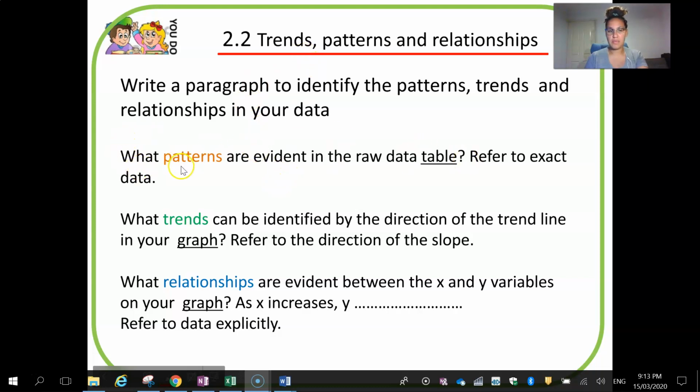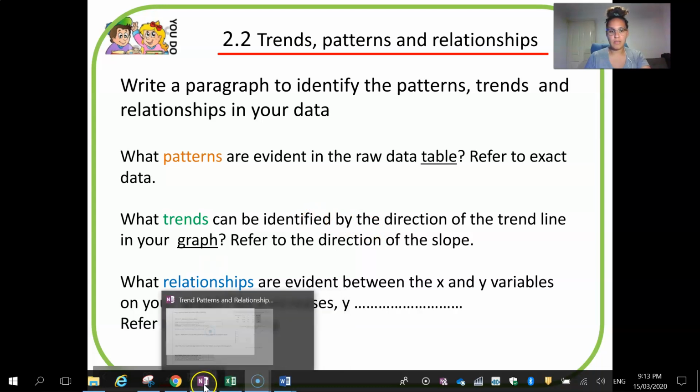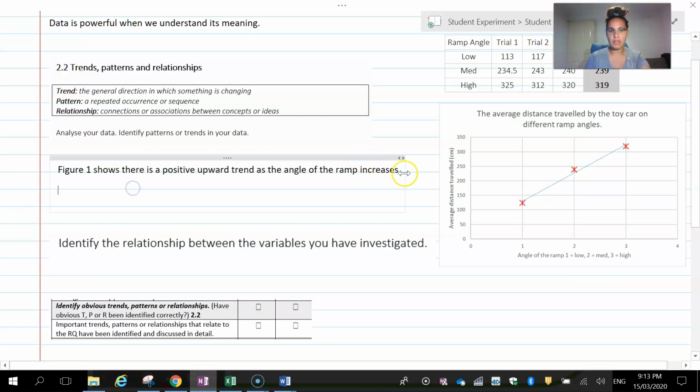I haven't got the pattern there, but I'm going to refer to the direction of the slope to support my evidence there. So we would say, going back to here, shows as the angle of the ramp increases. For example, what would help?